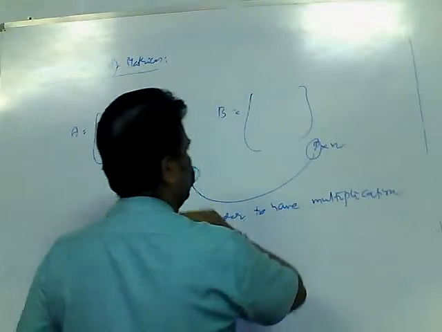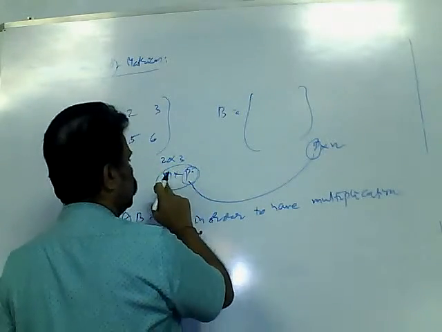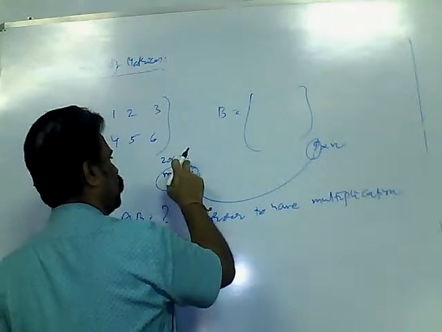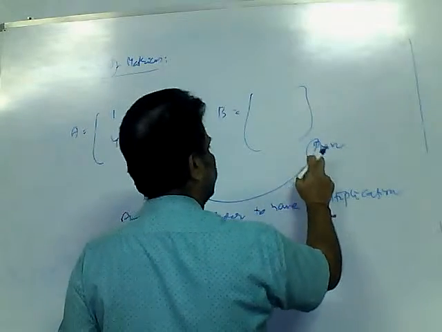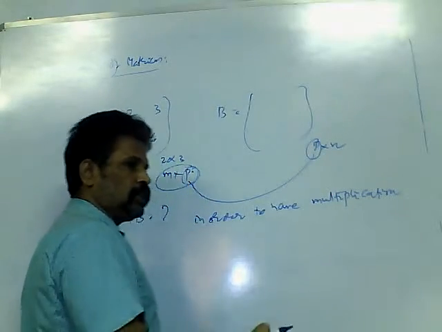Again, it varies with BA, with the order we change. Now I'm talking about AB. The first matrix number of columns is equal to the second matrix number of rows. Because I will tell you the process of how to go.